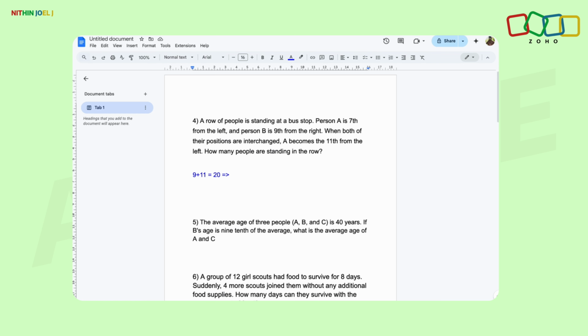So again A is being counted over here. So we can't count A twice, and we have to subtract it. So the actual solution is 9 plus 11 minus 1, which is 19. So there are 19 people standing in the row.